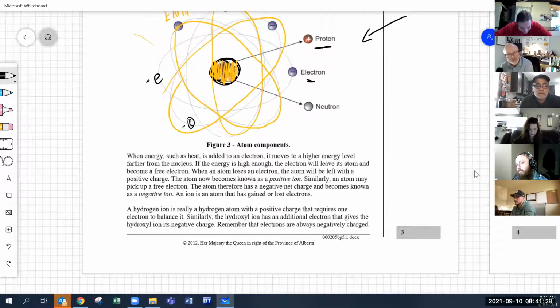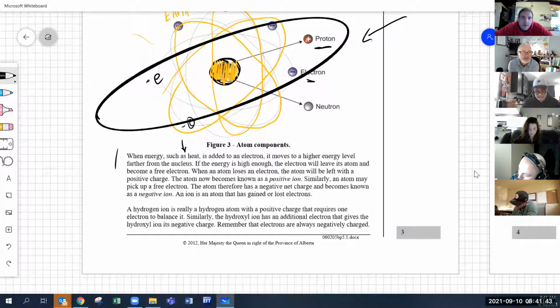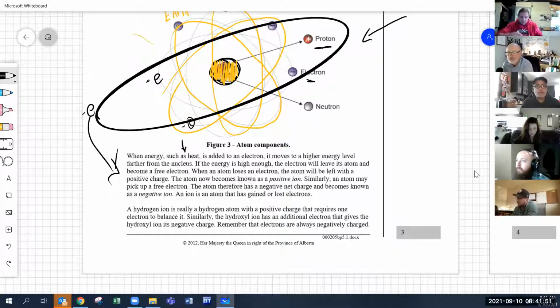So listen, when energy such as heat is added to an electron, it starts to move at a higher energy level, meaning it starts to go farther away from its center. Okay, and we have this little electron. As we heat it up more and more, it can actually be cast off, right? It can be flung off because it's going so fast.